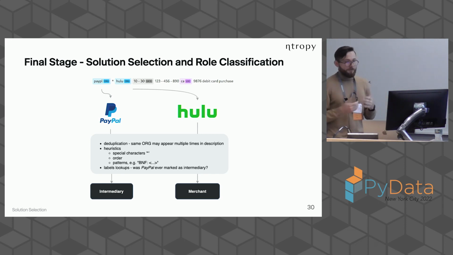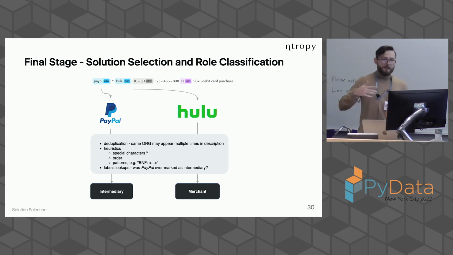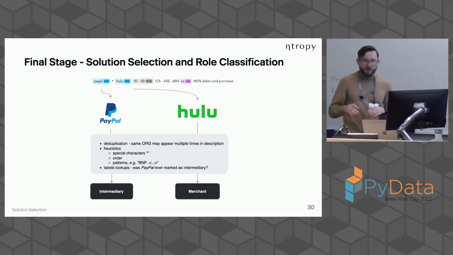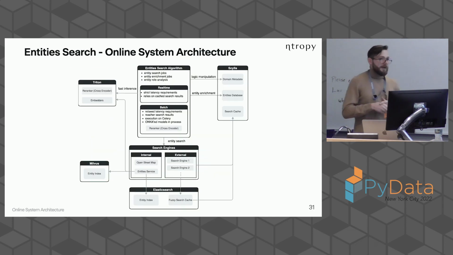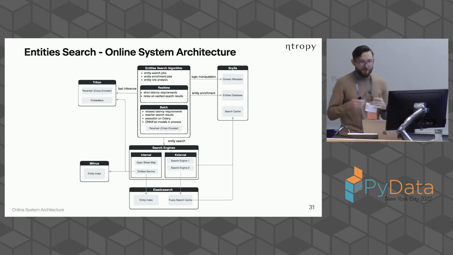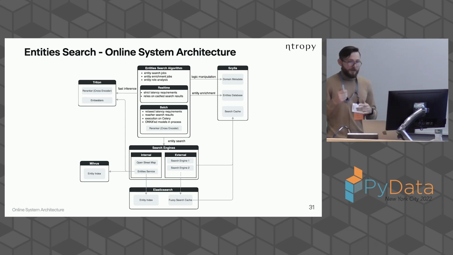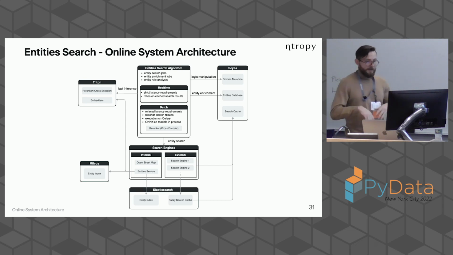Decrease confidence if other groups have high scores, right? So we just want to avoid ambiguity. And sometimes it might happen that for some of these entities that we found, we know how we should proceed with them. So using the domain metadata database, we override confidence scores. Then, based on the threshold that we tuned during training, we discard some groups.